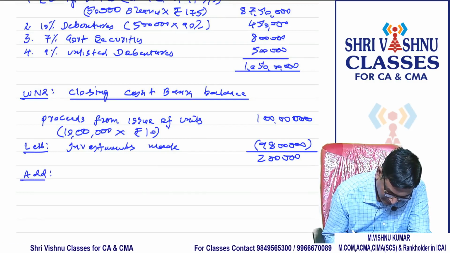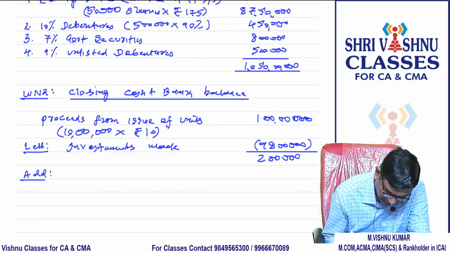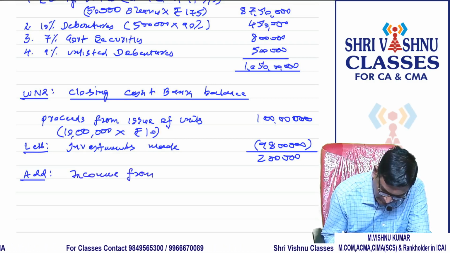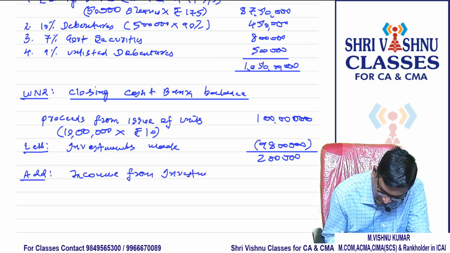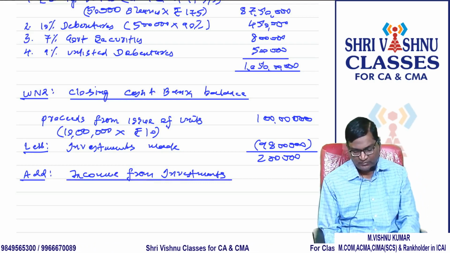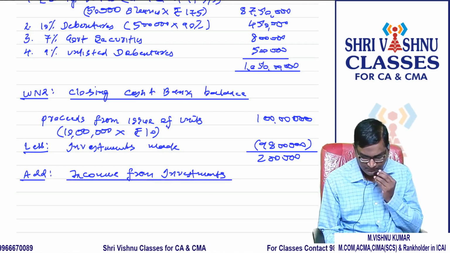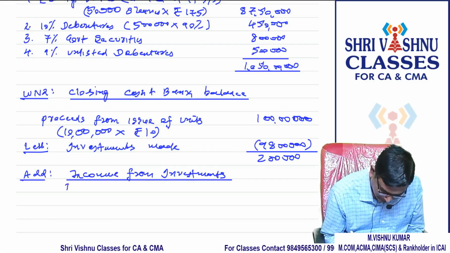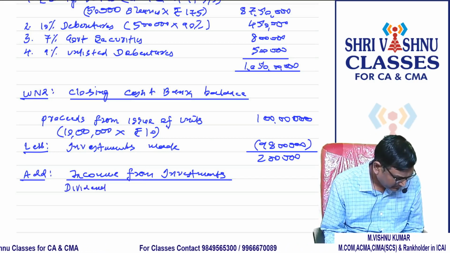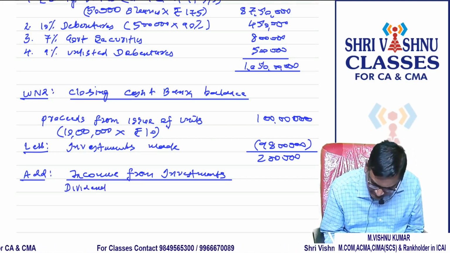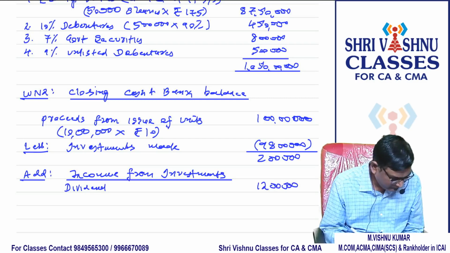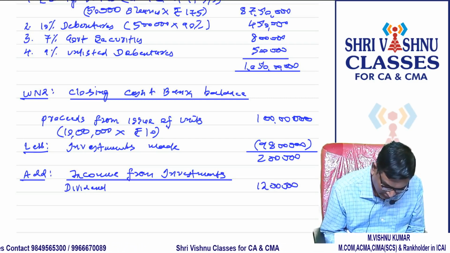Now, income from investment, we have to add. So income from investments will be dividend and interest. First dividend how much? 12 lakhs. Next is interest on securities.